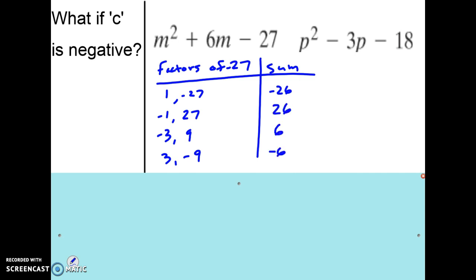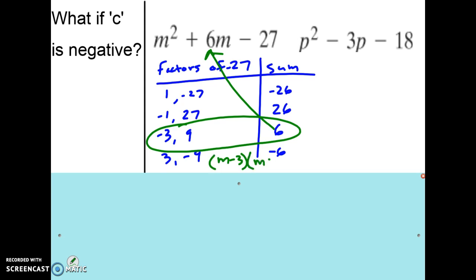After you go through those sums, you find out we have a positive 6 for our B term. That goes right there, and so our two factors would be negative 3 and 9. So to factor that trinomial would be m minus 3 and m plus 9. So that's how you would factor that trinomial using the table method.